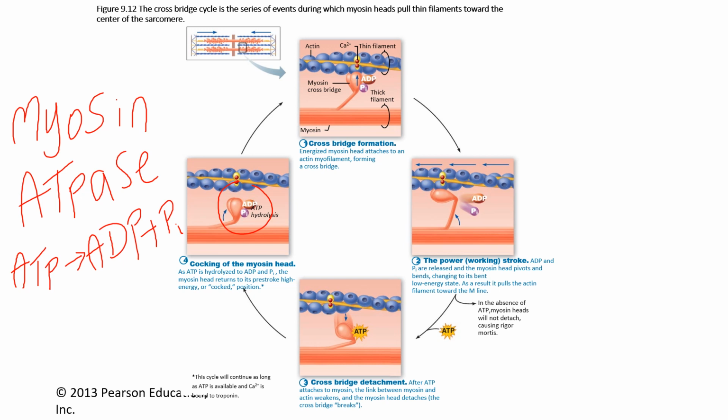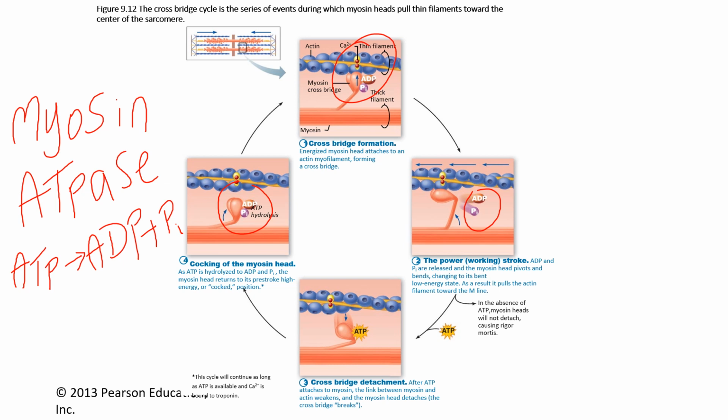So as you can see right here, once it goes back to its normal cocked position, it grabs on and the cycle begins. And you can see that right here at the power stroke, the ADP and the phosphate are also going to be released.